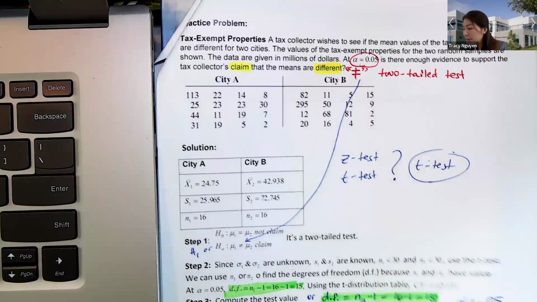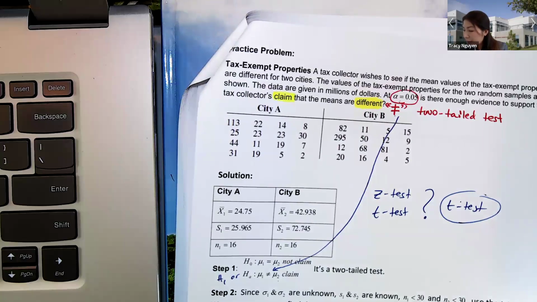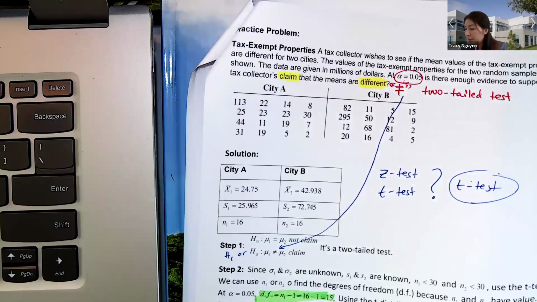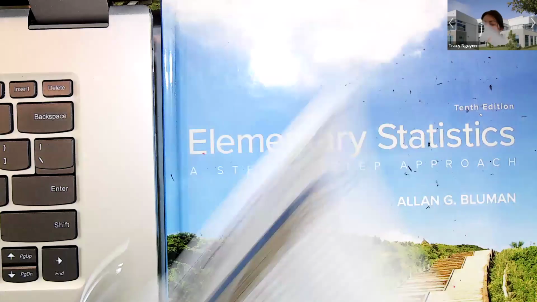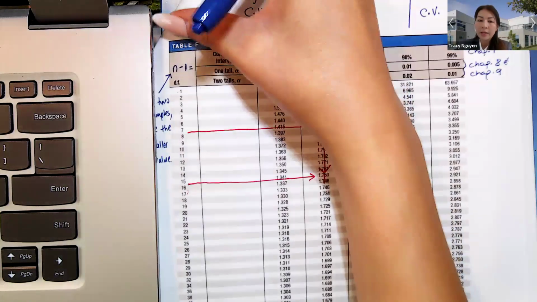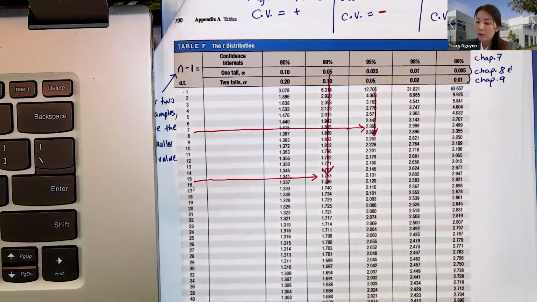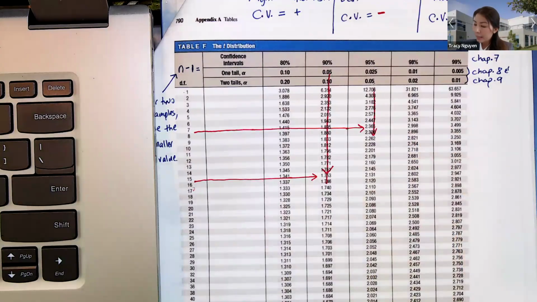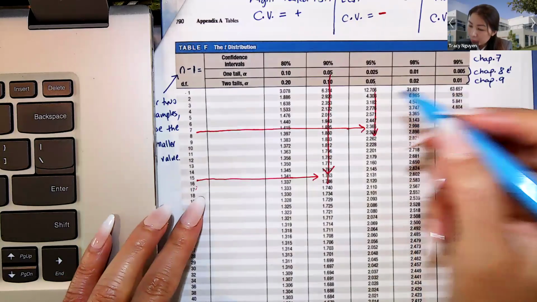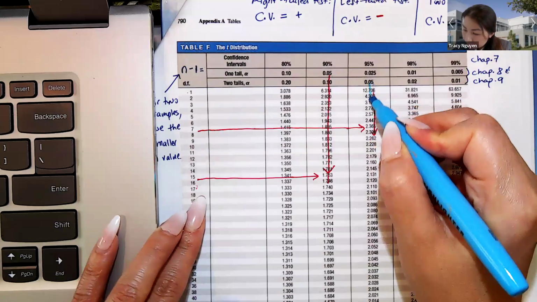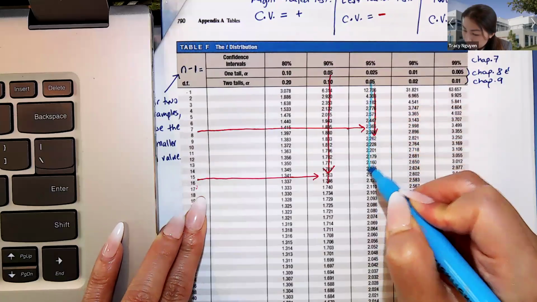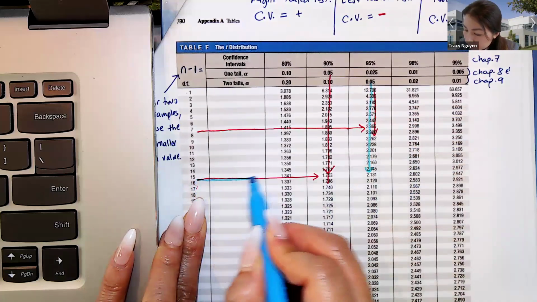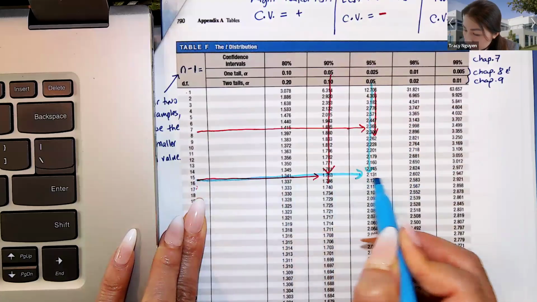We're going to go to our table here to read it for a two-tail test. All right, so let me turn it over to the two-tail test. Okay. We're going to be reading from the third row for two-tails alpha, alpha equal to 0.05 right here, and we're going to map it down with our degree of freedom of 15. All right, and let me bring it closer for you to read.